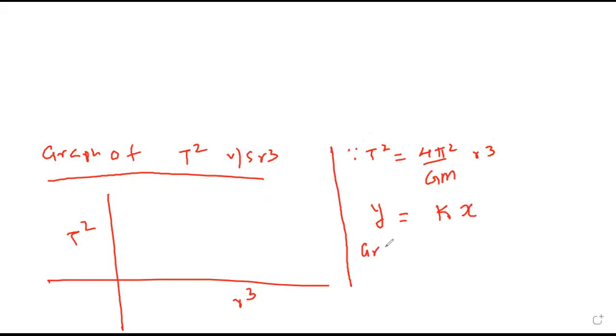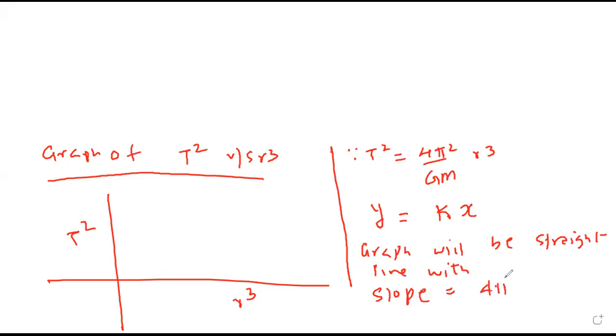So we can say the graph will be a straight line with slope equal to 4 pi square upon GM. So it is a straight line with slope 4 pi square upon GM. Right.